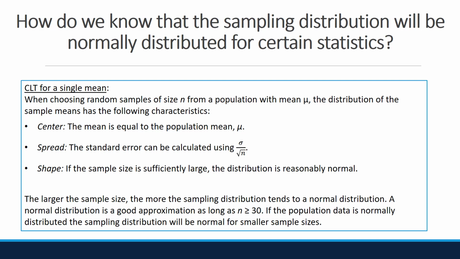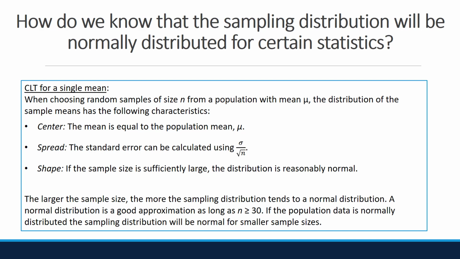The larger the sample size, the more the sampling distribution tends to a normal distribution. A normal distribution is a good approximation as long as the sample size is larger than or equal to 30. If the population data is normally distributed, the sampling distribution will be normal for smaller sample sizes.